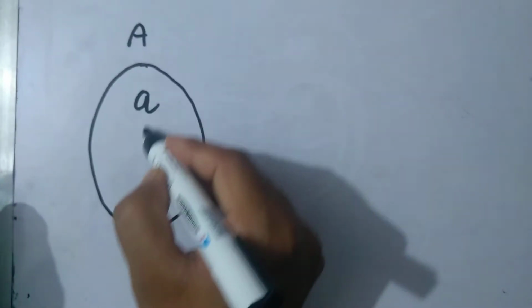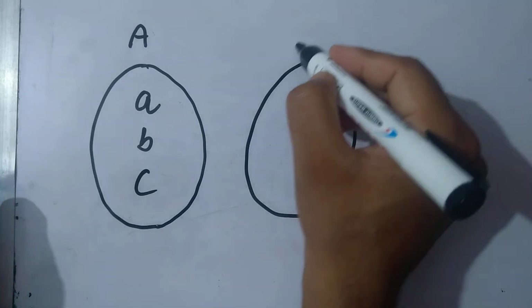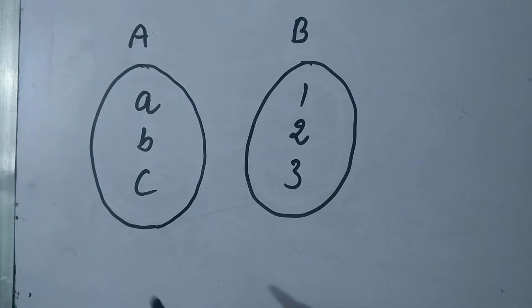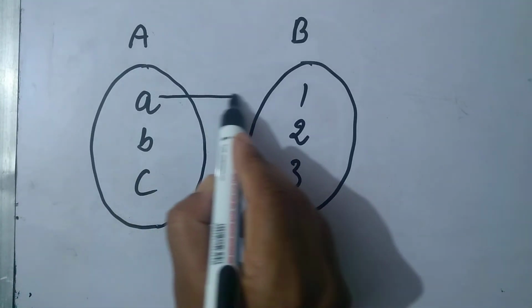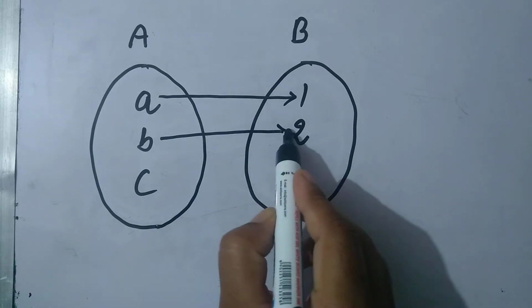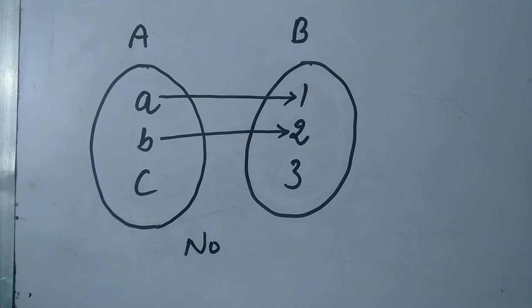Now we take one more example. Set A having elements A, B, C. Set B having the elements 1, 2, 3. A is paired with 1, B is paired with 2. Then this is not a function. Why is this not a function?